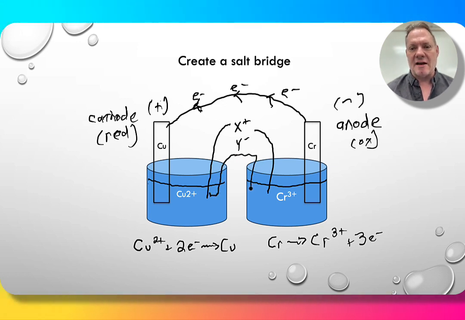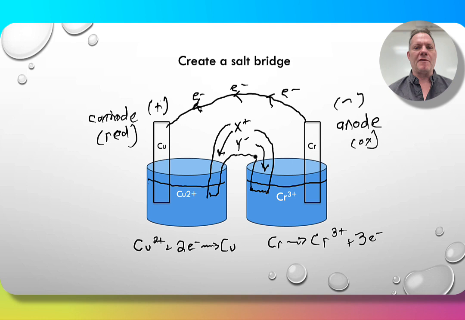Now, because the electrons are moving into the cathode side, whatever positive ion there is in my salt bridge has to move in that direction as well, because if this is building up a negative charge, the X's will come in to neutralize the charge. The anode side is losing negative charge. The electrons are moving to the other cell. So the anions are going to move into that solution to compensate for that loss of charge. So now we have a cell that will be working.